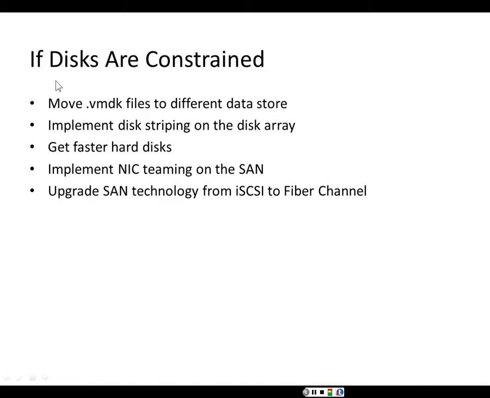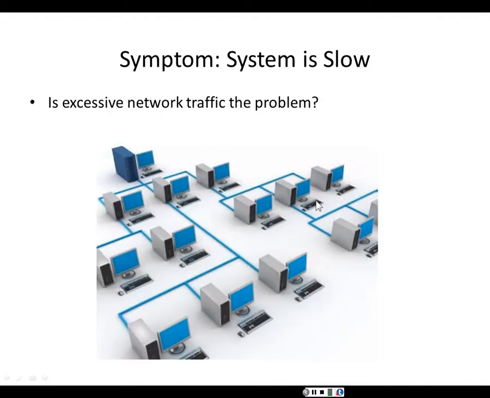And if we do find that disk utilization is through the ceiling, then we can, 1, move the virtual hard disk files to a different data store, or we could improve disk performance by implementing disk striping on the disk array, or we could get faster hard disks, upgrade from SCSI to SAS devices, or we might want to implement network interface card teaming on the storage area network to get data off of the ESXi host faster, or we could upgrade our SAN technology from iSCSI to fiber channel.